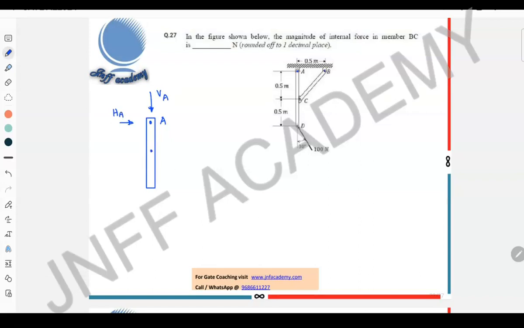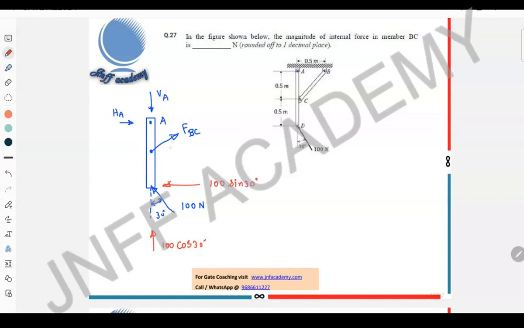Then at point C, one member force is acting, FBC. I am assuming the direction outwards. Here the force 100 Newton is acting at an angle of 30 degrees. Now I can resolve this into two components. This is your 100 cos 30, and this is your 100 sin 30.